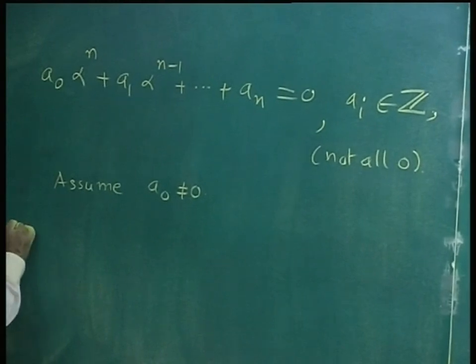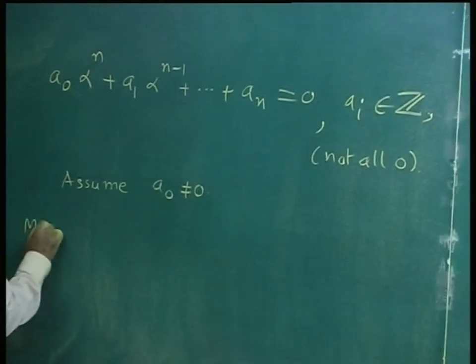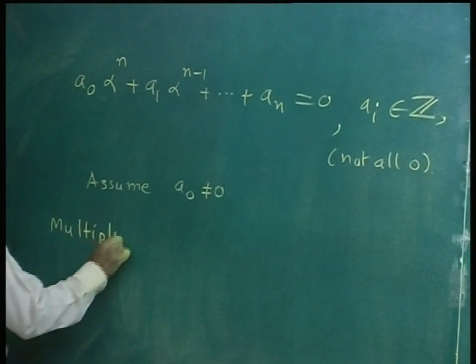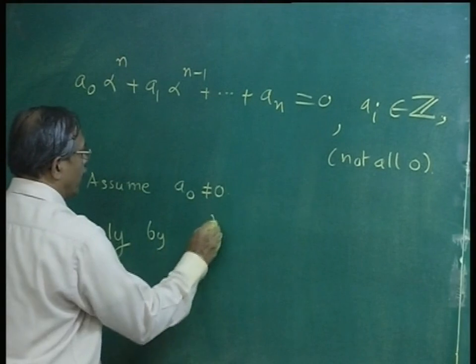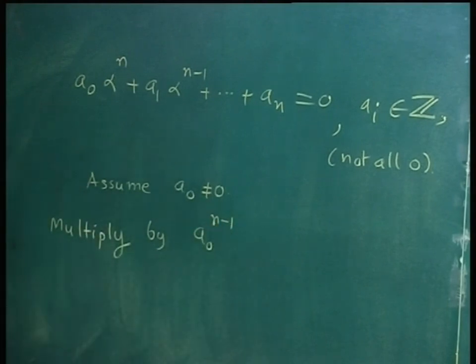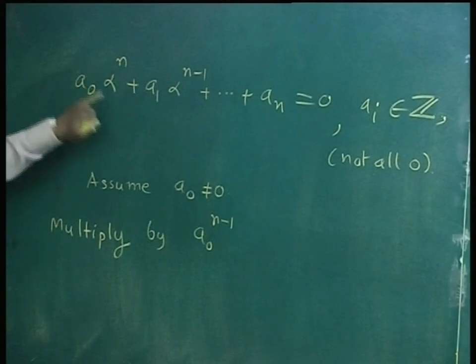Now what we do is multiply by a naught raised to n minus 1. That will make this coefficient a naught raised to n and it will match with this.